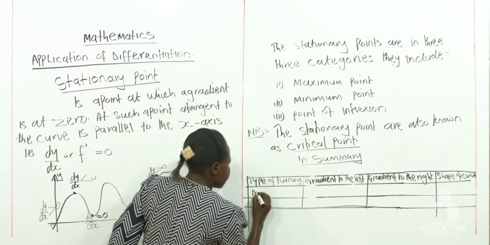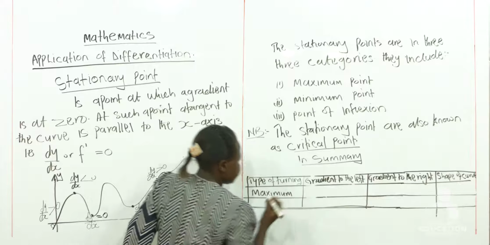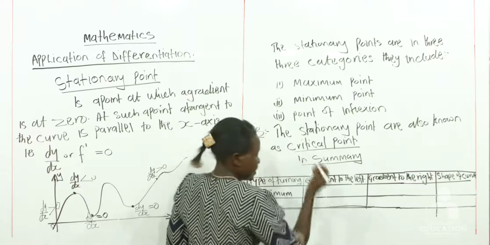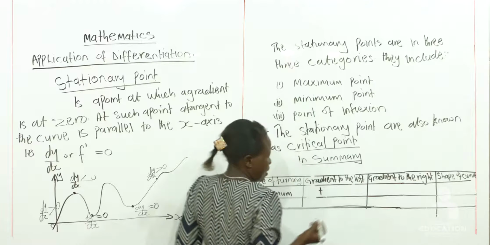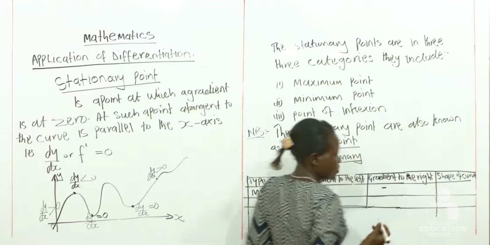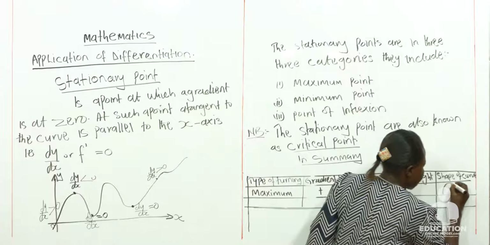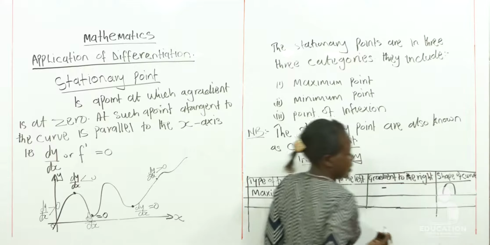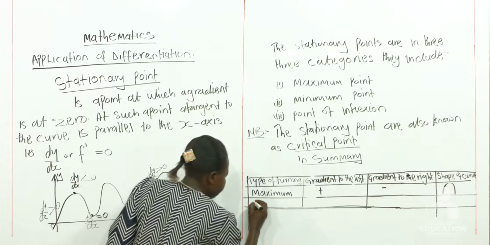So the first one, we shall have a maximum. So what happens at the maximum? The gradient on the left-hand side will be positive, and then on the right will be negative. And then which type of curve will it show you? It will show you a curve like an N. So that is the shape of the curve. And then we have minimum.